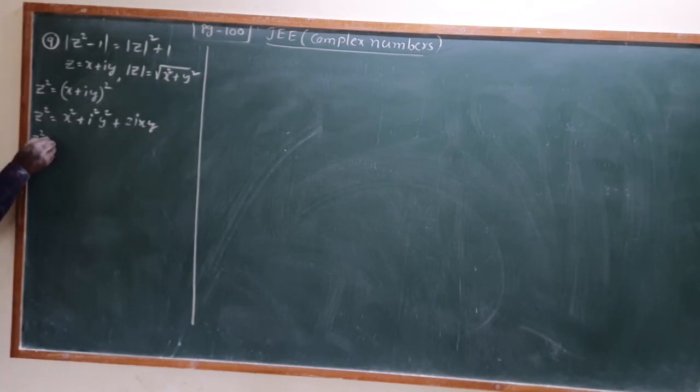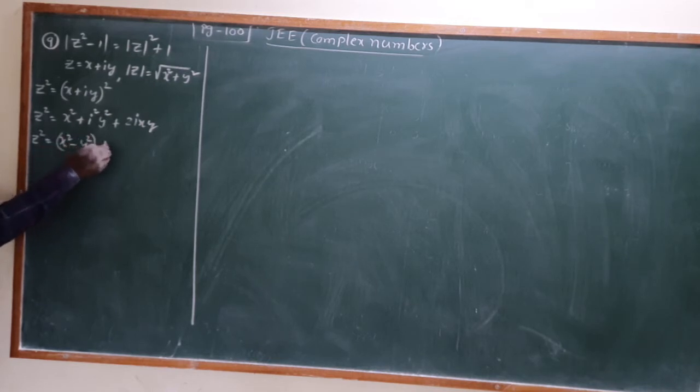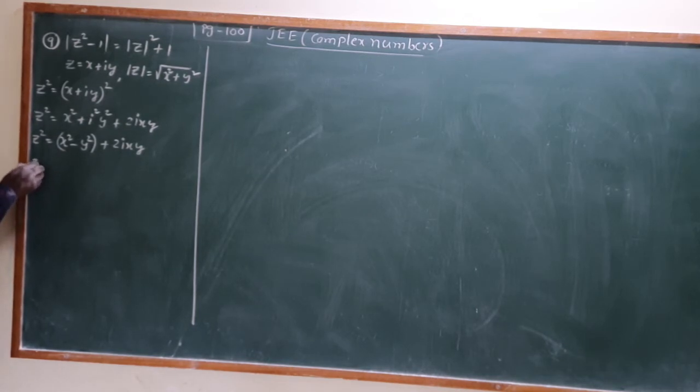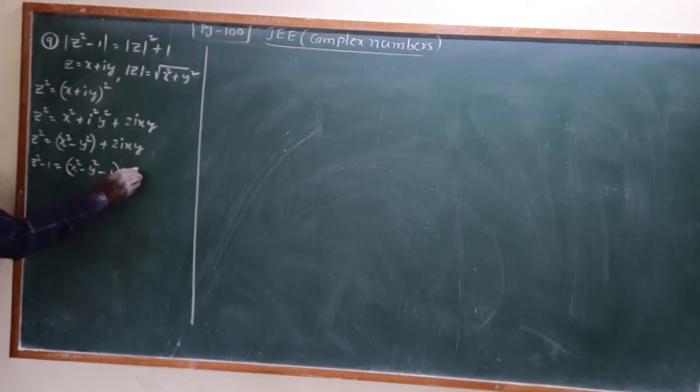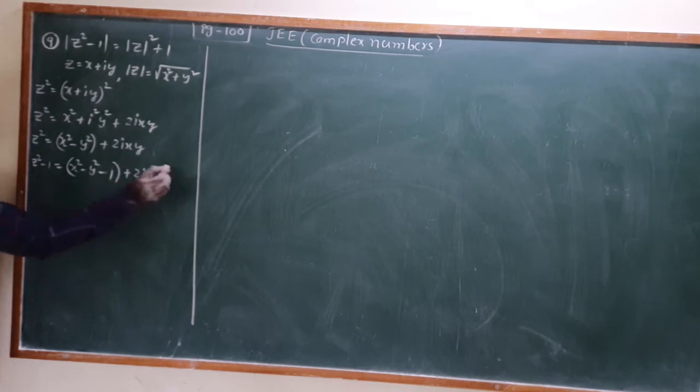Then z square equals x square, y square value minus 1 plus 2xy, and z square minus 1 is equal to x square minus y square minus 1 plus 2xy.